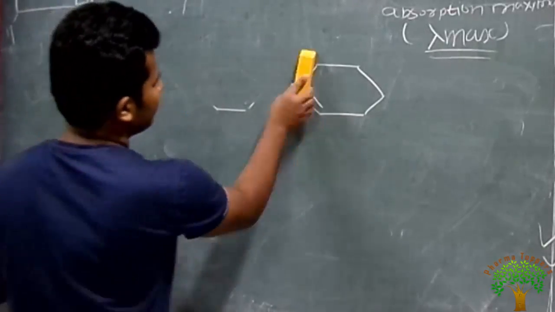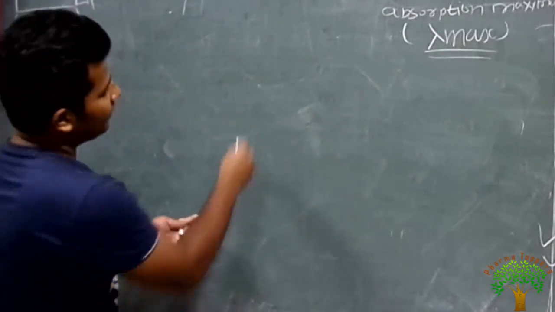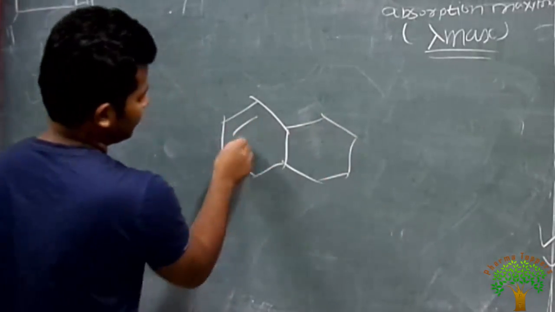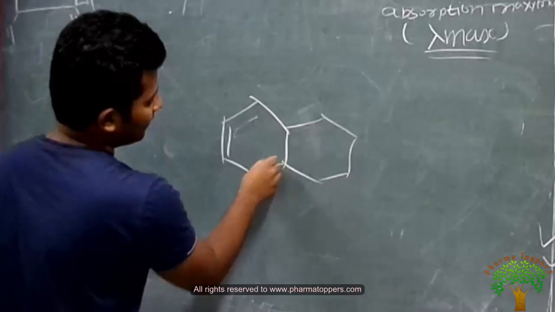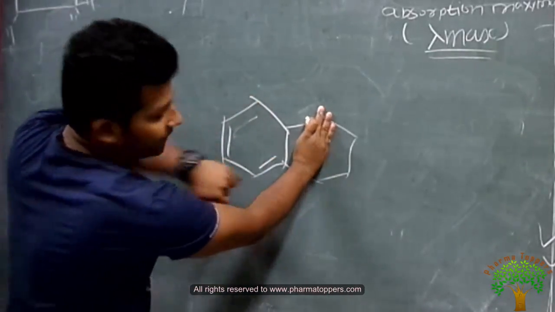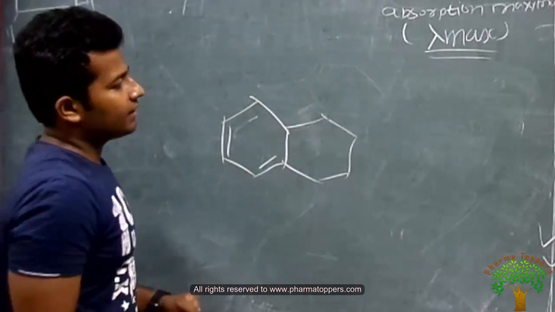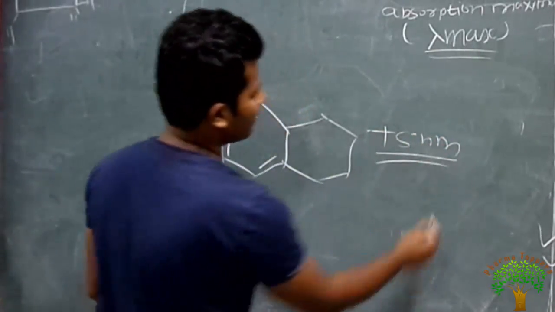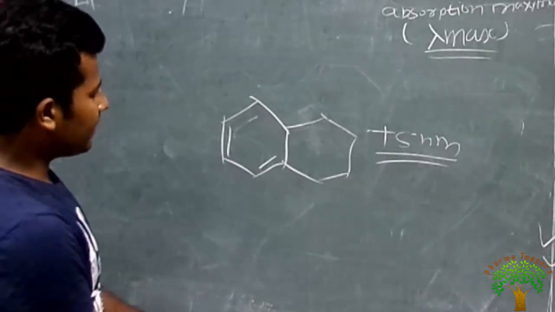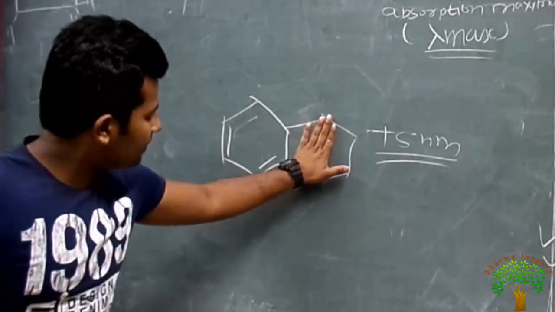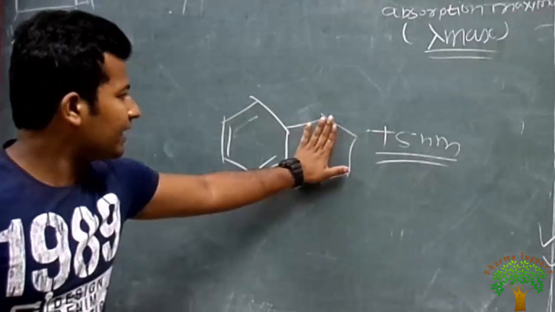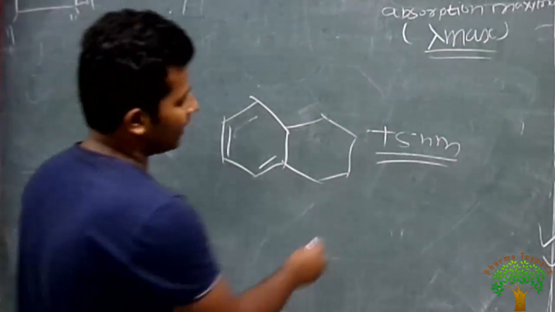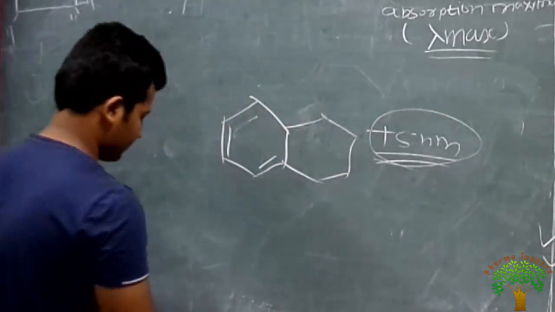The previous structure contains these, and they are also considered exocyclic double bonds for this ring. That's why they add 5 nanometer to the structure. Sorry for that mistake. They also calculate the ring exocyclic double bond for this ring. So sorry for this mistake. Add this 5 nanometer to the previous one.